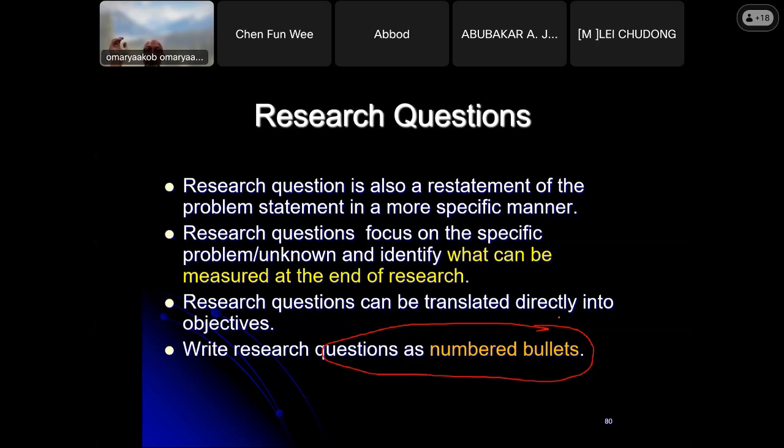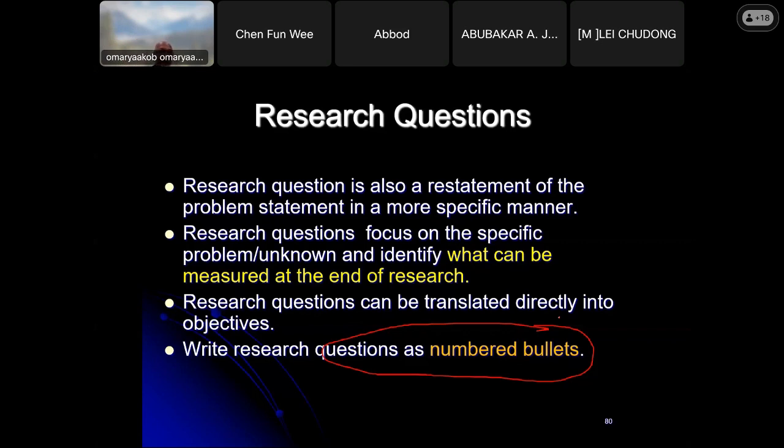Maybe in chapter 4 you are going to say, according to this part, we have achieved objective 2. So how can you refer to objective 2 if you do not number your objectives? And for research questions, objective 1 will answer research question 1. So they are directly related, so they must be numbered properly.